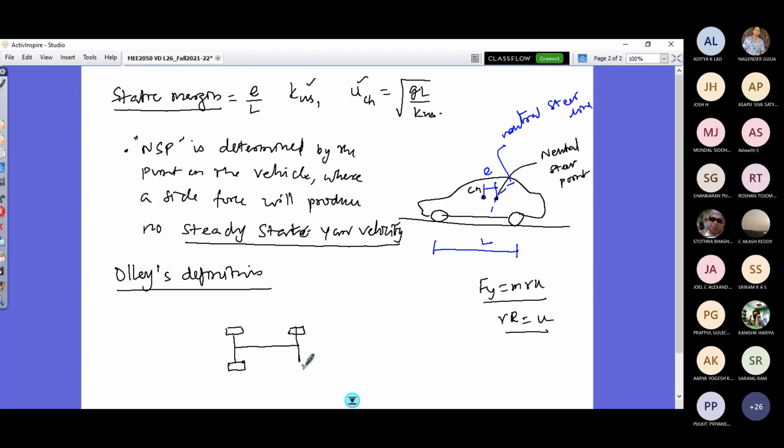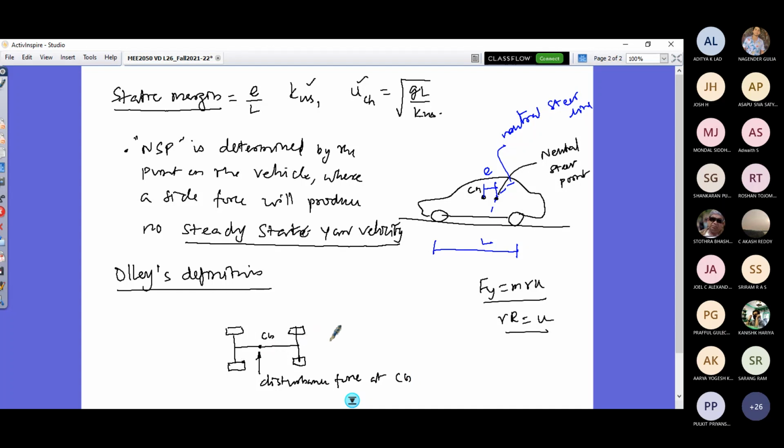So this is front axle and this is rear axle, and I have here a disturbance force at CG location.